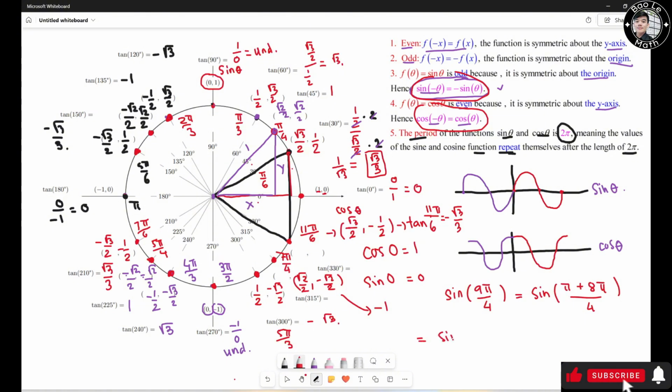It's going to be sine of pi over 4 plus 8 pi divided by 4, which is 2 pi. This is the period of the sine function, so we ignore it. So this is the same thing as sine of pi over 4. Sine pi over 4 equals root 2 over 2.